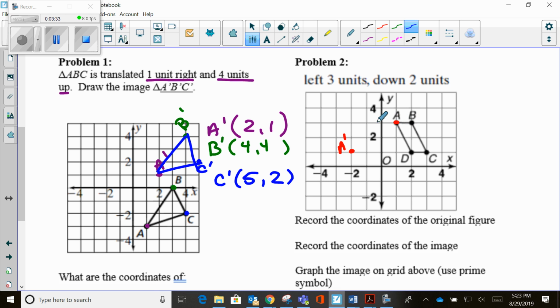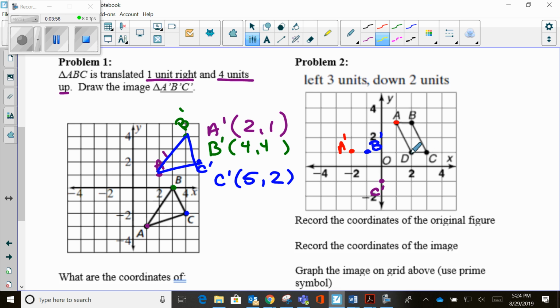So 1, 2, 3, down 1, 2 is my B prime. And I need my C, 1, 2, 3, down 1, 2. That's my C prime. Make sure you're labeling it as you go. It'll make it a lot easier to make sure you have your matching points.